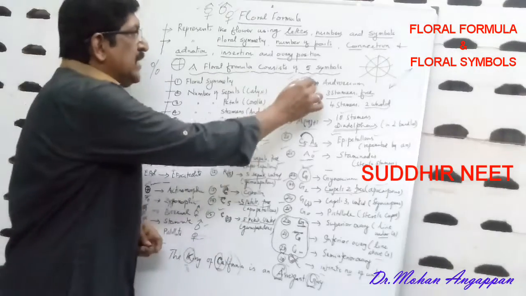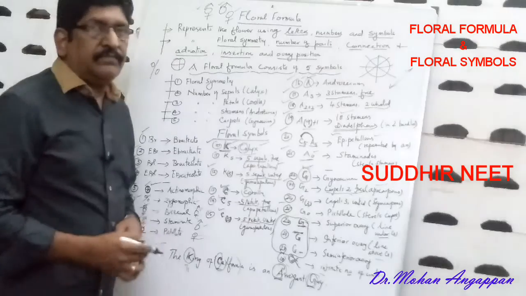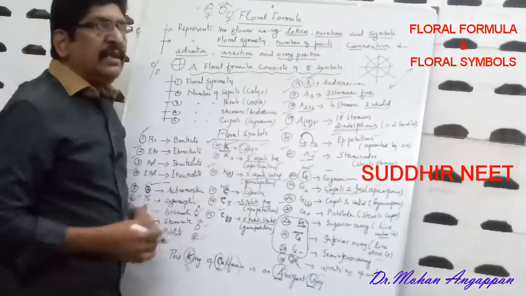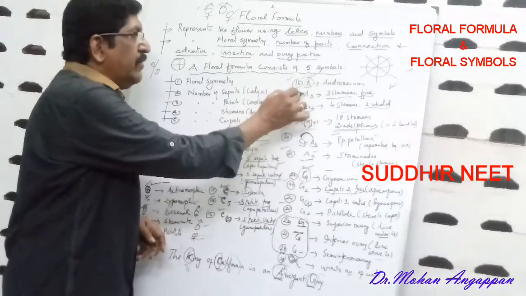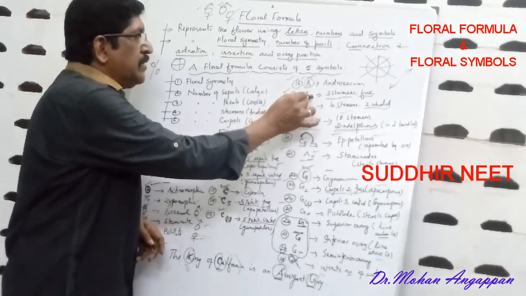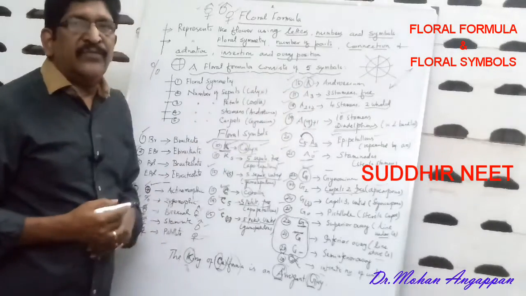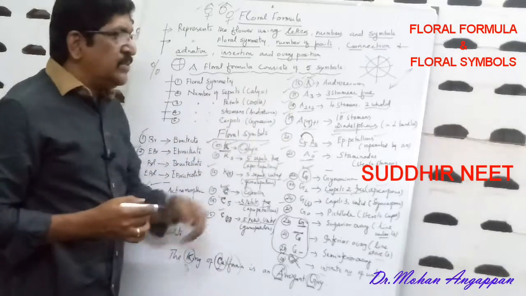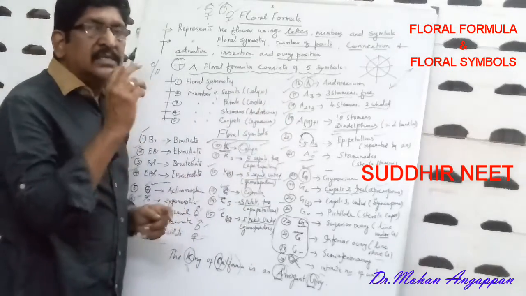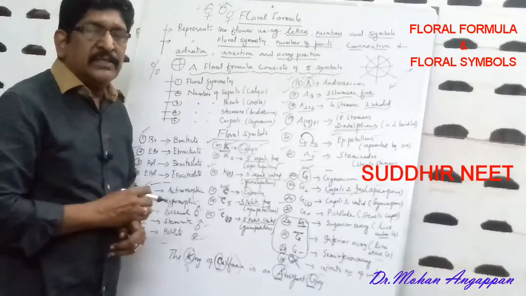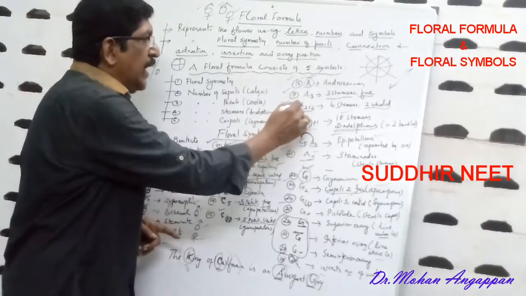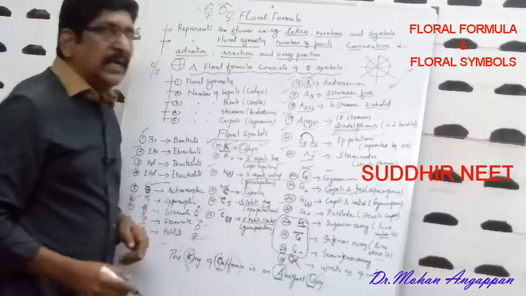Then coming to androecium, the symbol is A. If there are 3 stamens and they are free, the symbol is A for androecium, the number of stamens 3, no bracket, free. If the stamens are in 2 whorls and they are 4 in number, the symbol will be A 2 plus 2.